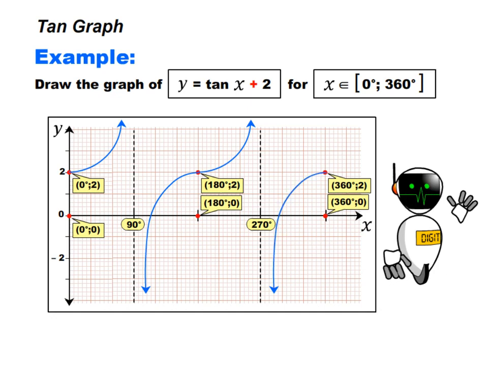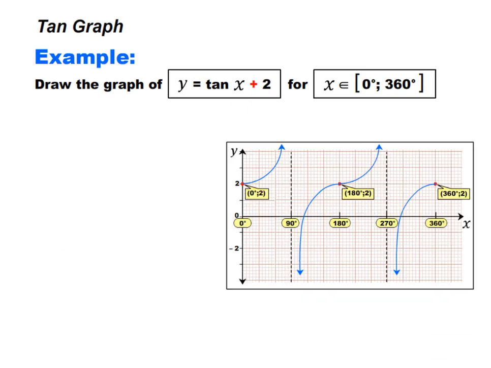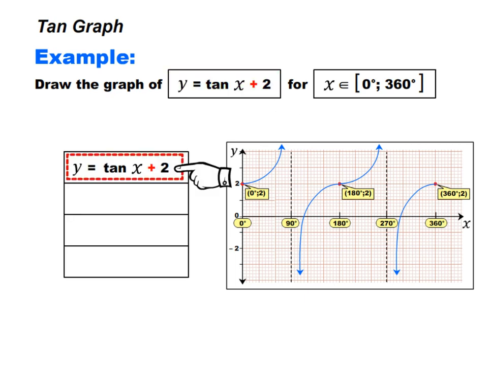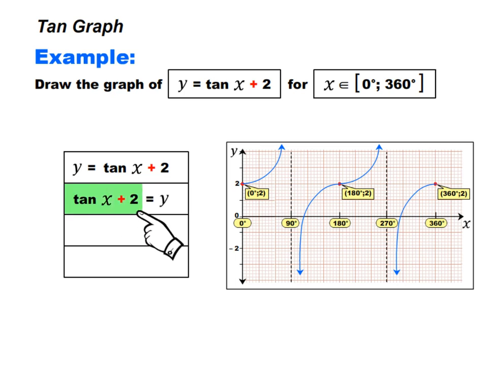Where does this graph cut the x-axis? That's a very hard question. Look at the equation. Y is equal to tan x plus 2. Let us quickly rearrange our equation. Y is equal to tan x plus 2 can be written as tan x plus 2 is equal to y.